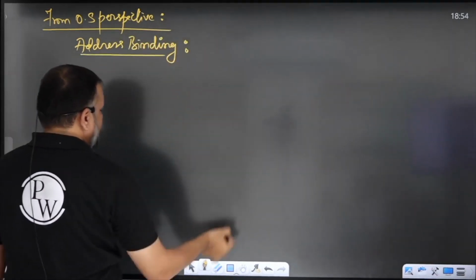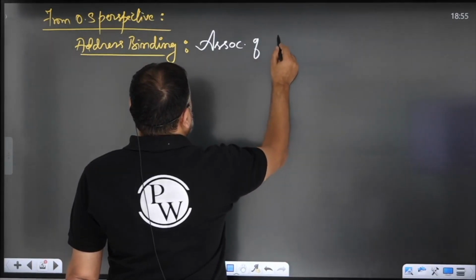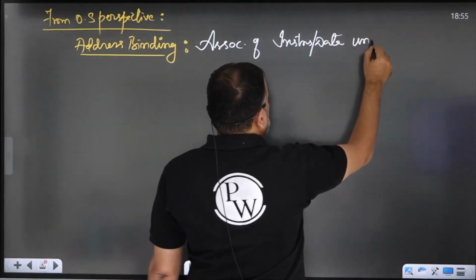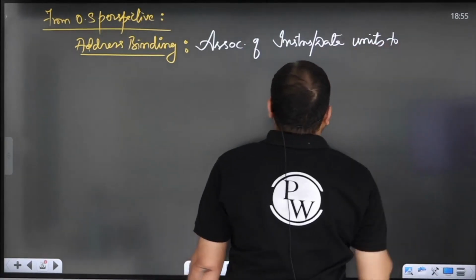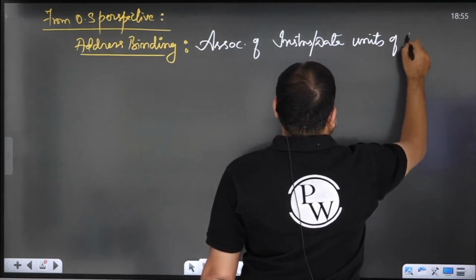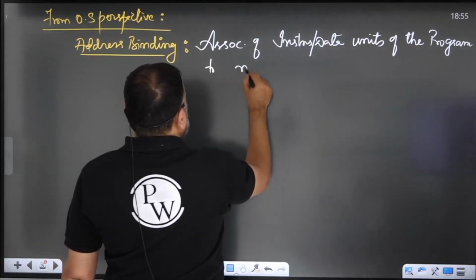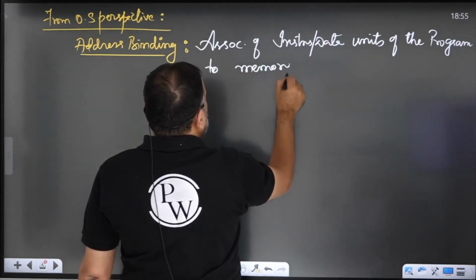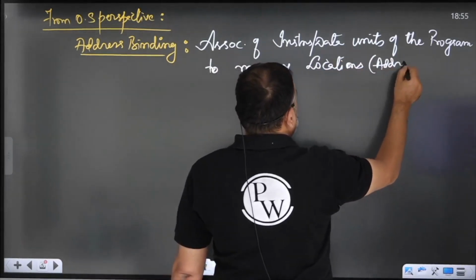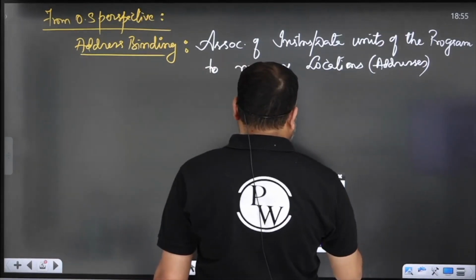Let me write it here: association of program instructions and data units of the program to memory locations, locations having addresses, is called address binding.